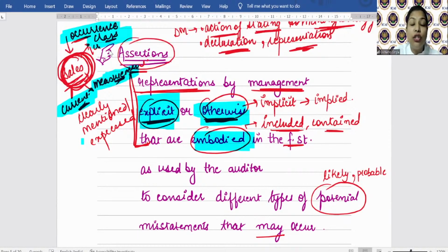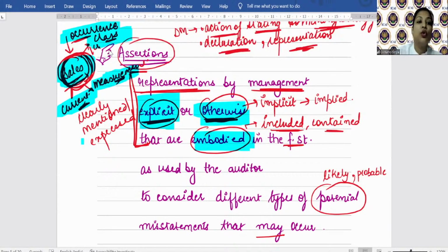So auditor is going to check each and every assertion relating to the item presented in the financial statement. और वो कौन present करता है? Management. या तो these can be expressly mentioned or otherwise that is implied, that are embodied in the financial statement. So I hope the first part is clear of this definition.